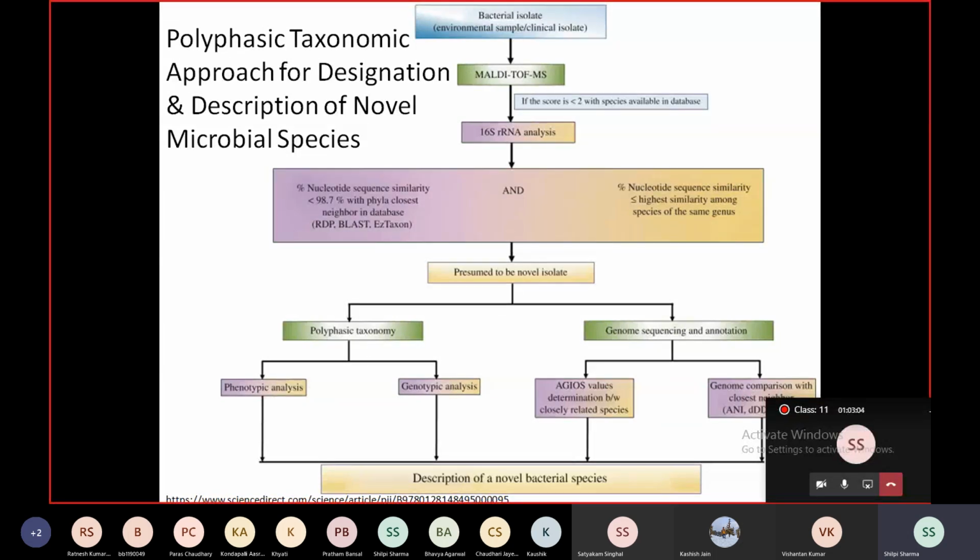So if tomorrow some other species is discovered, it will have to be compared with this type strain, if you want to decide that the next species is novel or it belongs to the same culture, the same affiliation. Okay? Satyakam, okay? Not really, but okay.